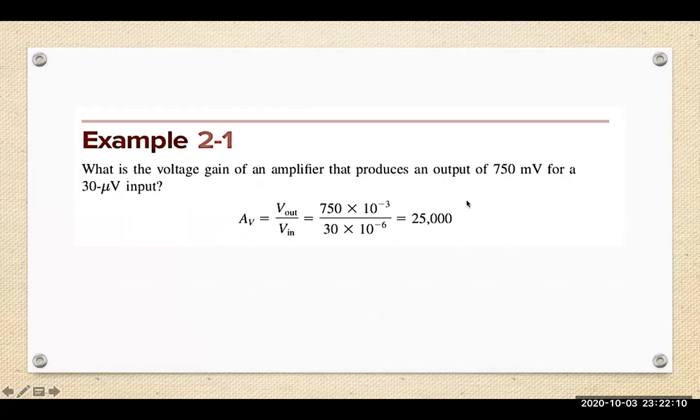You need to express your answers in terms of volts, so write it in scientific notation. For the input, we have 30 microvolts, so 30 times 10 raised to minus 6 volts. Using a calculator, we can determine the gain, which is equal to 25,000. Again, this is a unitless parameter, or amplification.